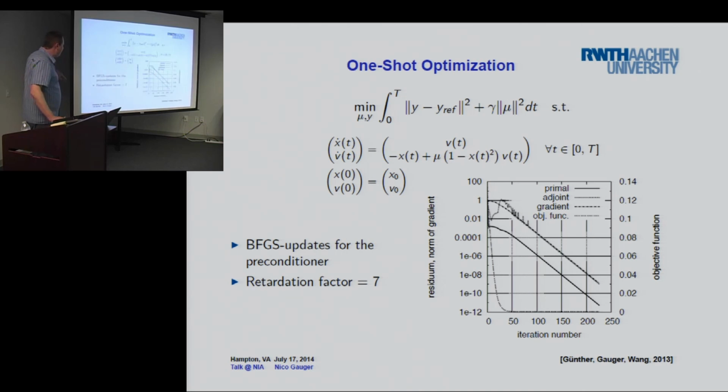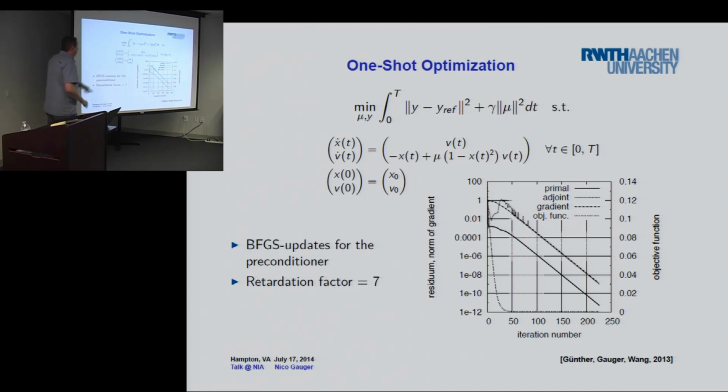So, results now. The nice thing is that it's really independent of the number of physical time steps, and we have one and the same retardation factor 7 still for the unsteady problem. What we are doing here is we fit a reference state belonging to a factor mu in the van der Pol problem, and we do as if we do not know the mu, and we fit with our optimization the mu such that the state fits the reference state.